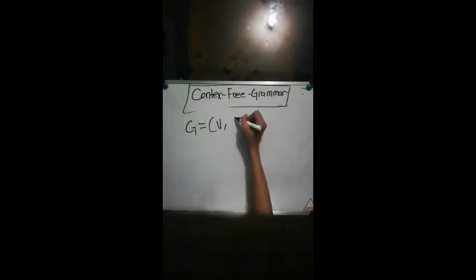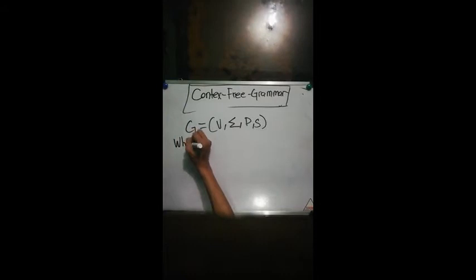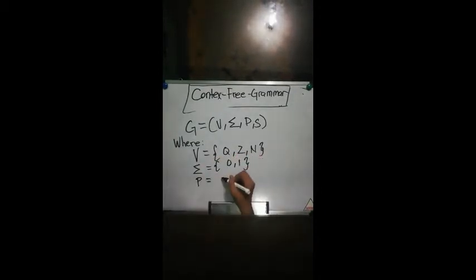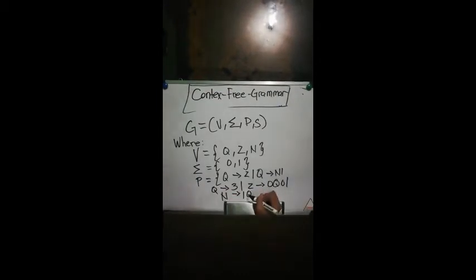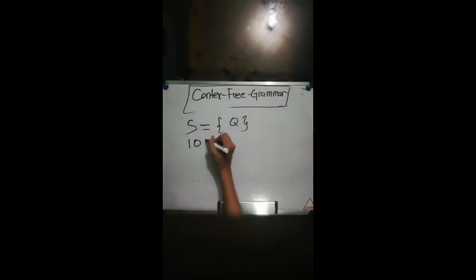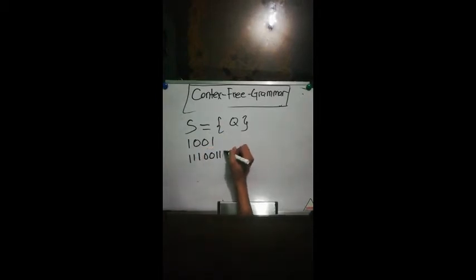As we illustrated, G is equal to V, sigma, P, and S, where V is equal to Q, Z, N, sigma is equal to 0, 1, P is equal to Q to Z, or Q to N, or Q to epsilon, or Z to 0Q0, or N to 1Q1, and S is equal to Q. This grammar describes palindrome languages, such as 1001, 111, 0011, 00100, 1010, 101, 111, etc.